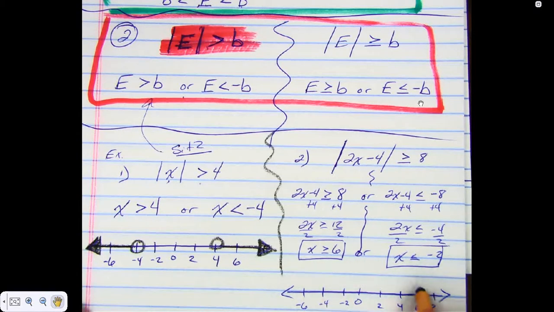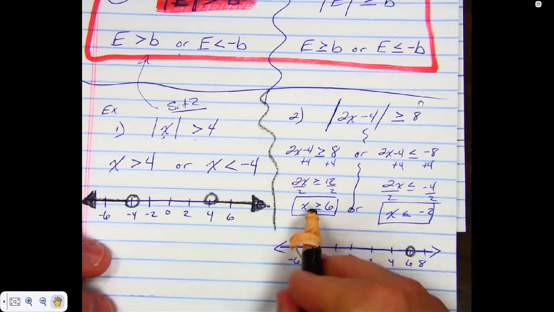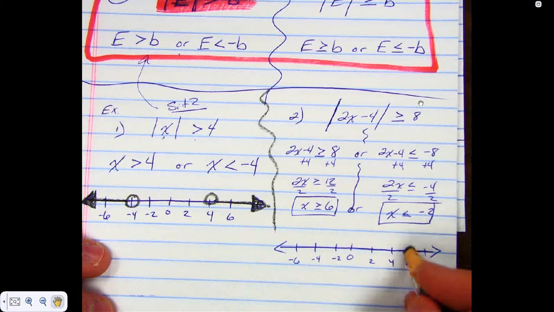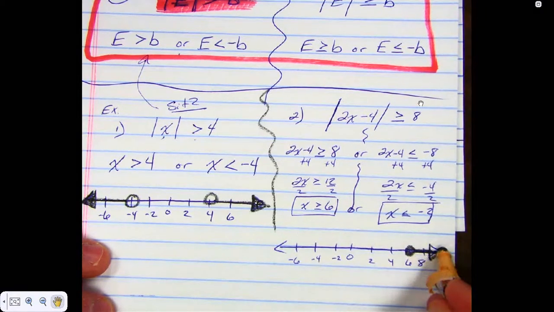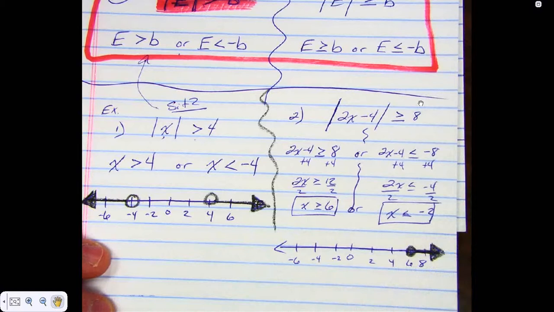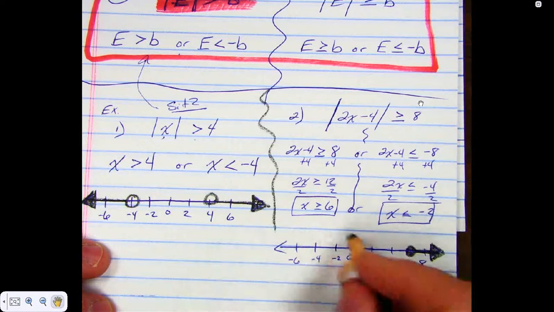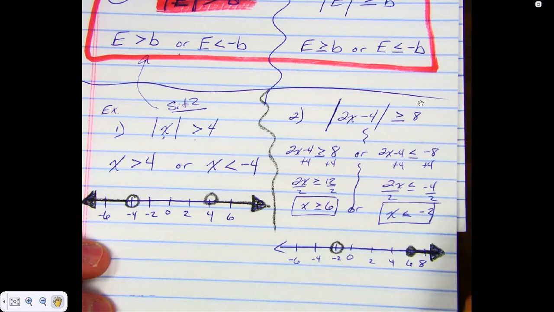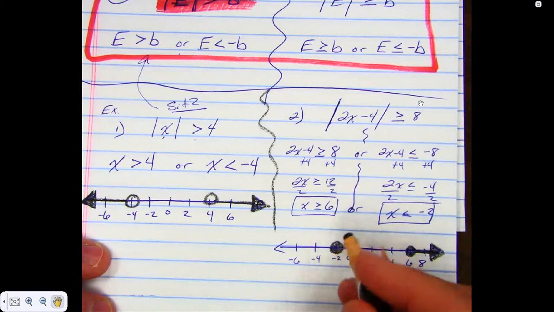I go to 6, empty or solid circle on 6? I'm talking about greater than or equal to, so I'm including that. I'm talking about the ones greater than, so that's the ones here to the right, is it not? Over here, I'm talking about less than or equal to negative 2. Am I including negative 2? Yes. I'm talking about the ones to the left.